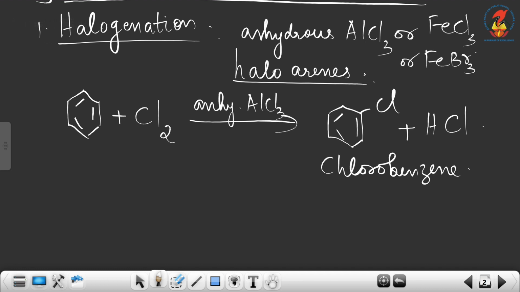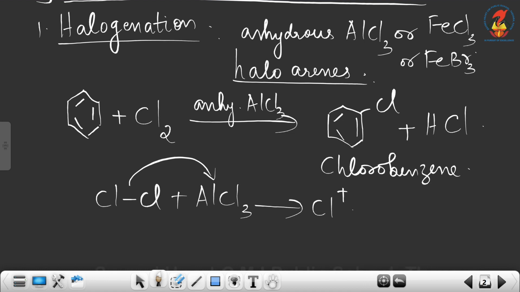Now, I told you the electrophile is the chloronium ion. So, let us see how we get the chloronium ion. This chlorine molecule, in presence of the Lewis acid aluminium chloride, one bond pair will be taken by aluminium chloride. So, we get Cl plus and AlCl4 minus.